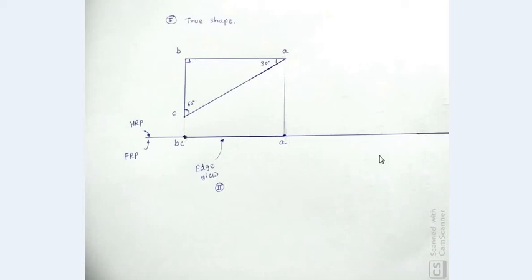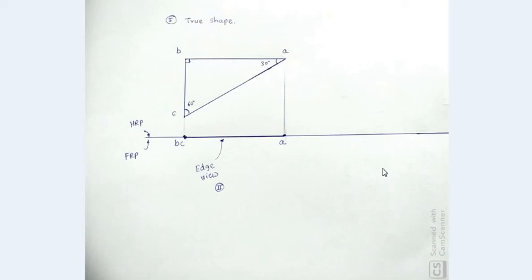So in the third step of the problem, in the top view we will keep this shortest edge BC in FRP, and we will give some inclination to this edge view.